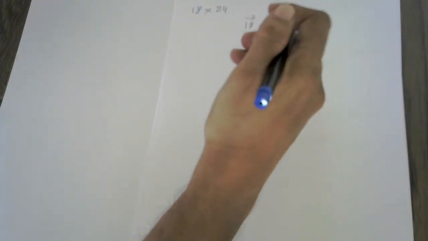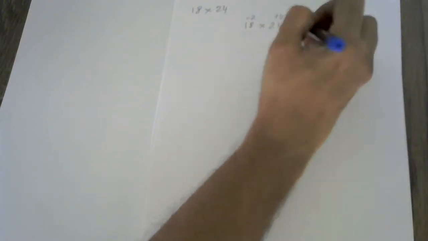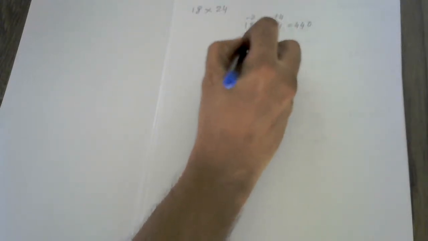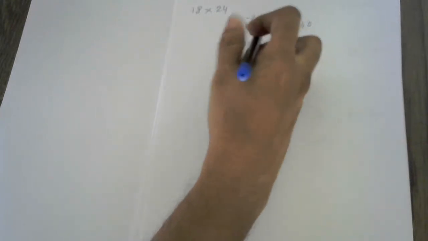So since the base is 20, multiply twice. So this will be 44 and add 0. Okay. And from 440, this will be minus 8. So this is 432.